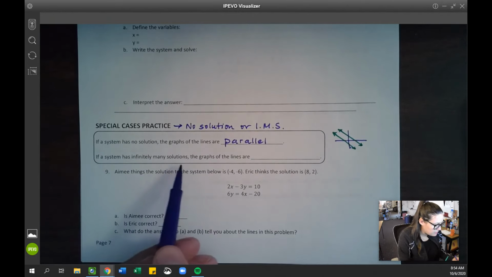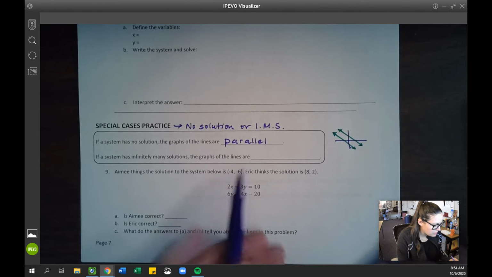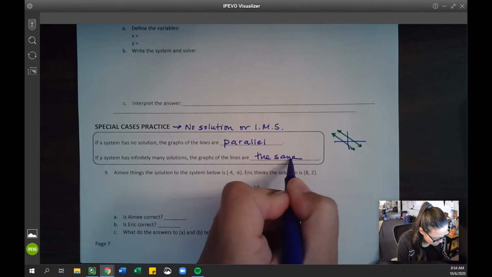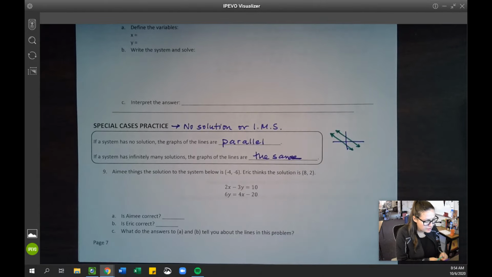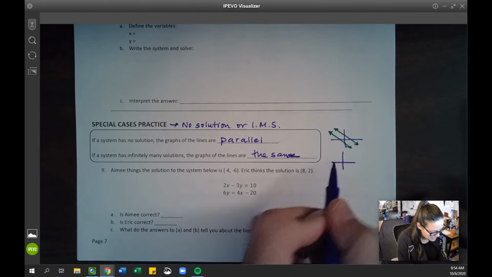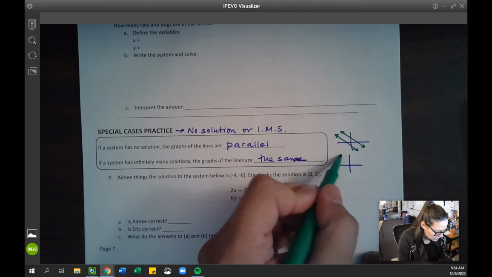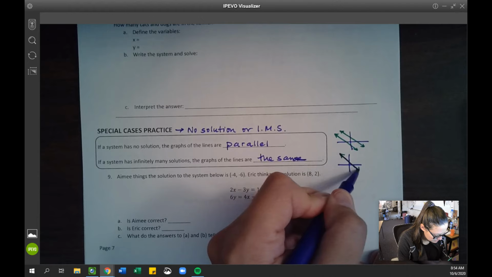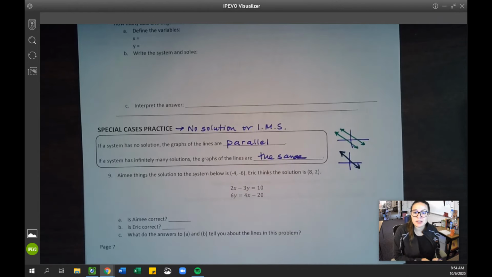If a system has infinitely many solutions, the graphs of the lines are the same. So remember, that means that the 2 lines are basically going to overlap each other perfectly, which means they intersect each other at every single point on those lines.